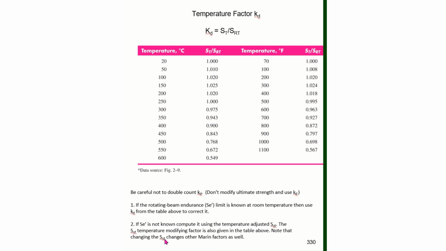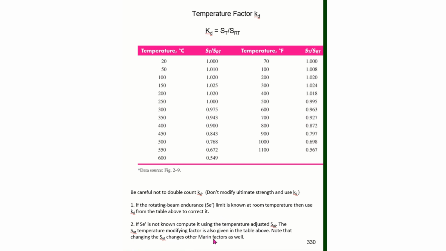Note that changing the Sut changes other Marin factors as well. So it's better to modify the Sut based on the temperature than to simply adjust for it here. And that's because a modified Sut will change other Marin factor values.